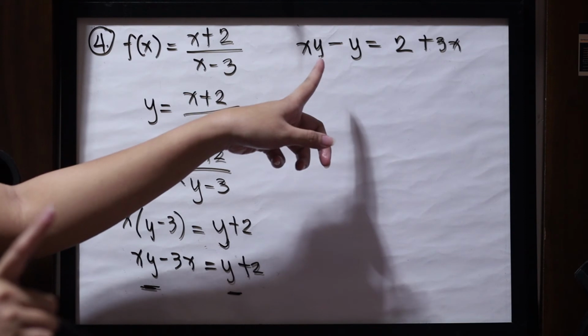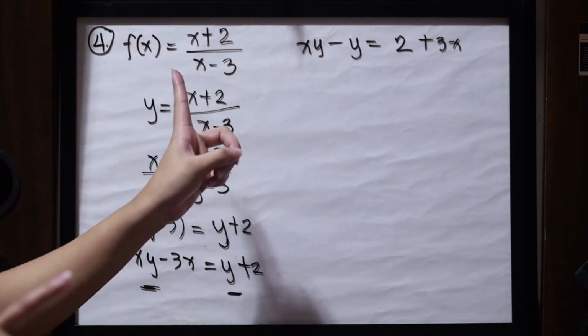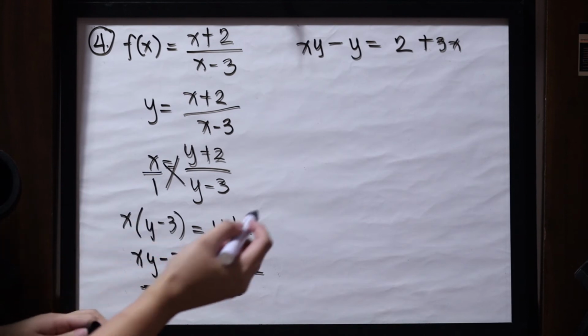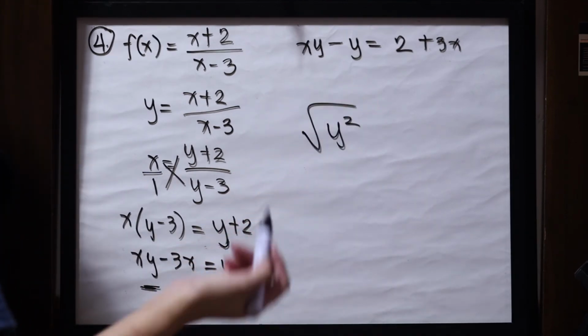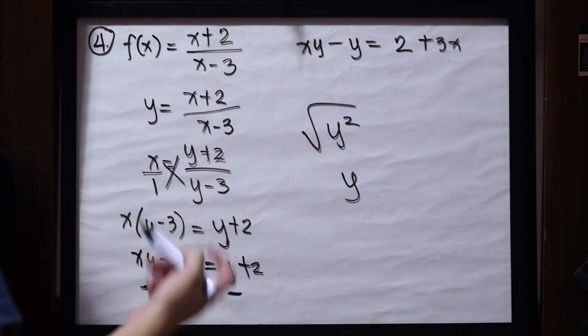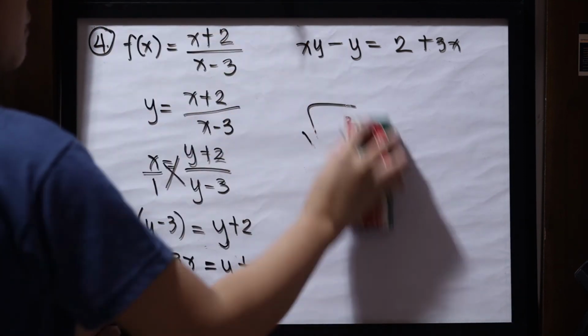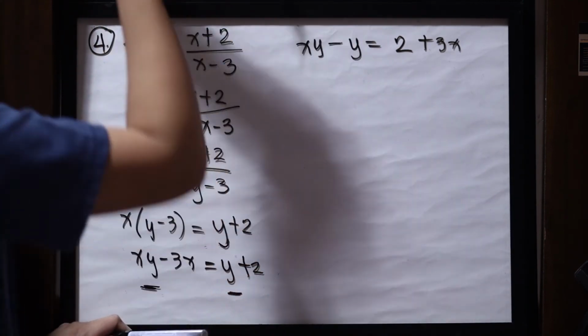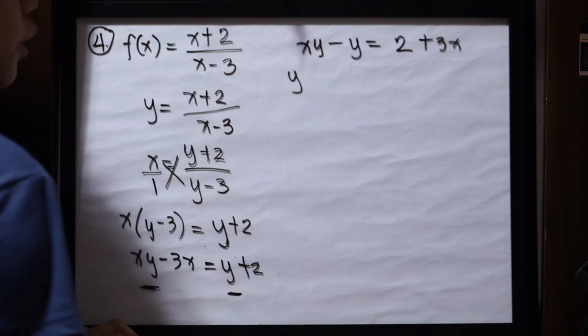Kaya tayo kailangang mag-factor out para isang y lang yung matitira. 'Di ba kaya nga yung kanina, yung y squared, kinuha na natin ng square root kasi nga, kailangan nyo ng y lang. Hindi natin kailangan ng y squared. So, same with this case. Na since dalawa yung y, kailangan natin isang y lang, edi ang gawin po is you factor out y.